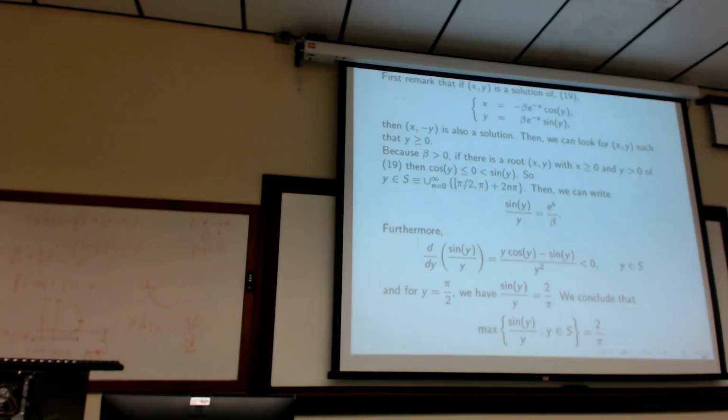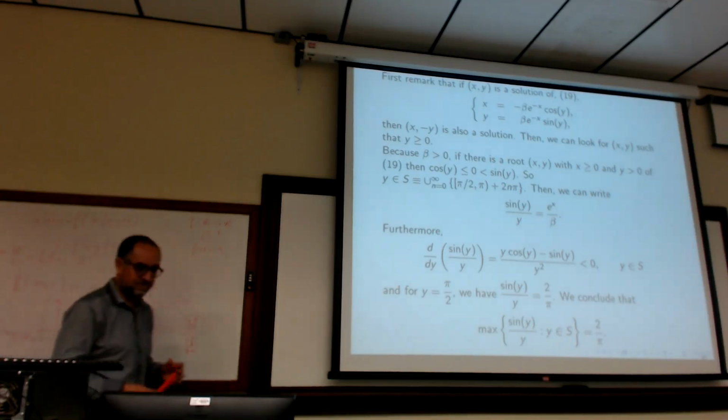You obtain all results using only this kind of stuff from mathematics. Not very difficult. This is what I will show you: how we will prove that beta equals pi over 2 is the limit, a Hopf bifurcation. We'll use exactly this.